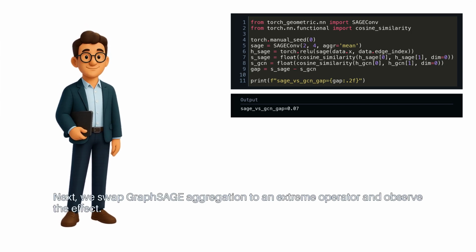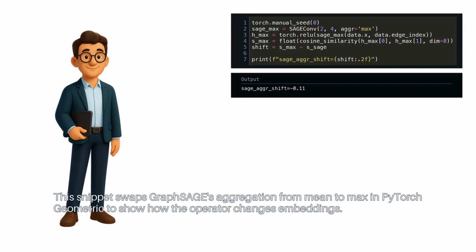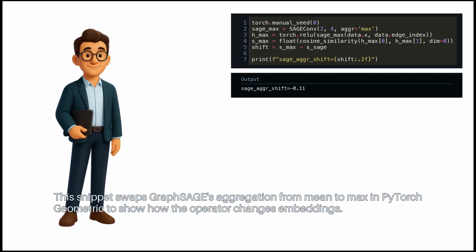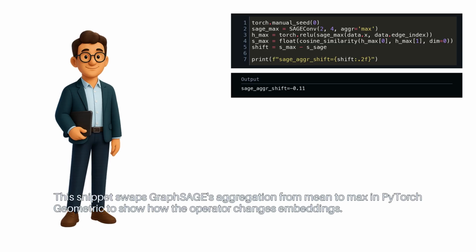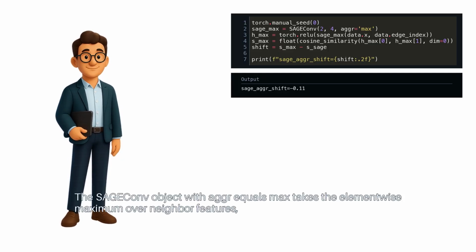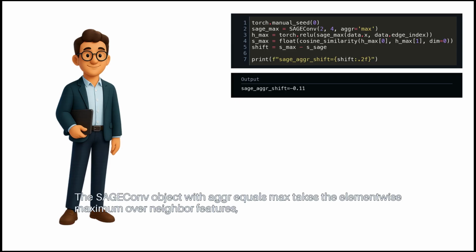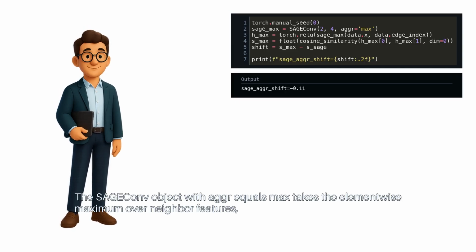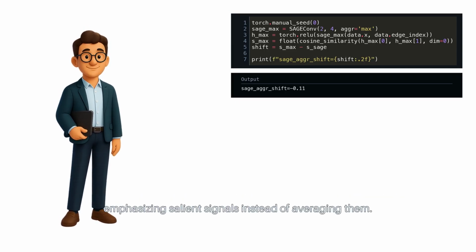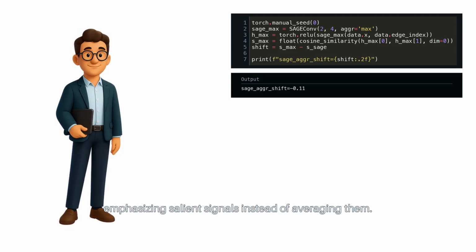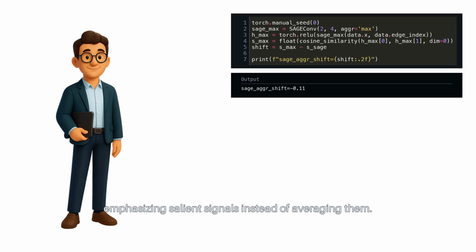Next, we swap GraphSAGE aggregation to an extreme operator and observe the effect. This snippet swaps GraphSAGE's aggregation from mean to max in PyTorch Geometric to show how the operator changes embeddings. The SAGEConv object with aggr equals max takes the element-wise maximum over neighbor features, emphasizing salient signals instead of averaging them.